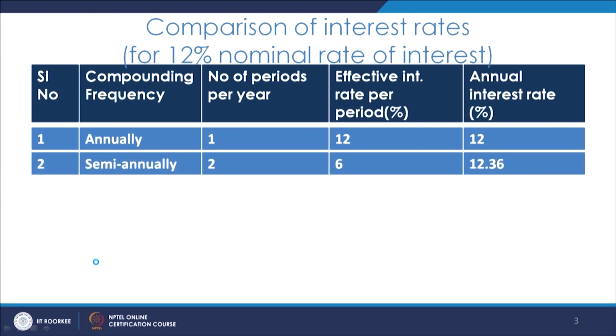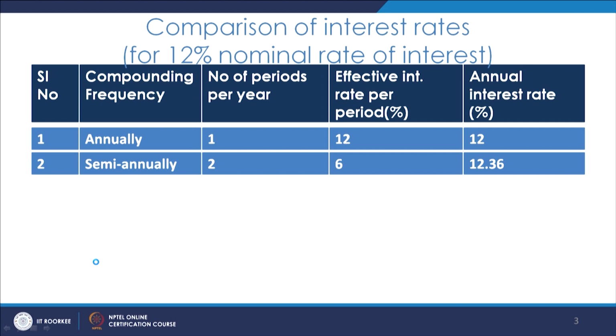When we talk about the 12% compounded semi-annually, then the number of periods for which the compounding is carried out is 2, and the period for which the interest is compounded is 6 months now, and for 6 months the effective interest rate will be 6%.